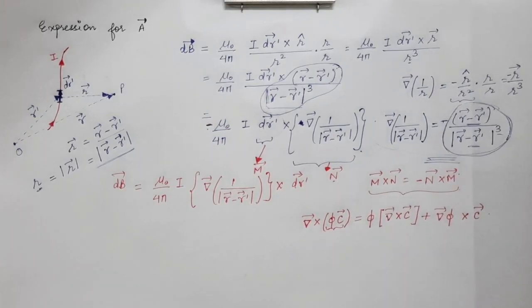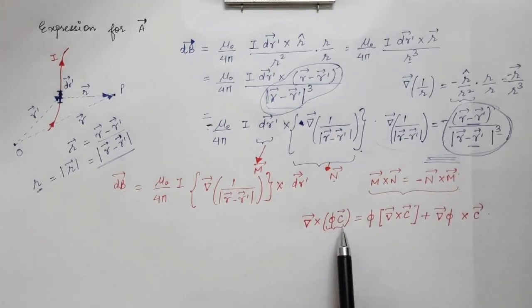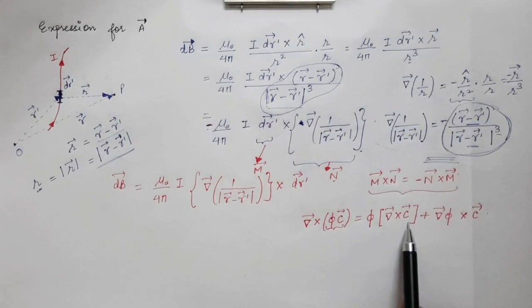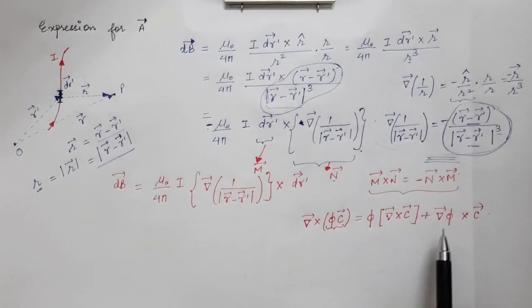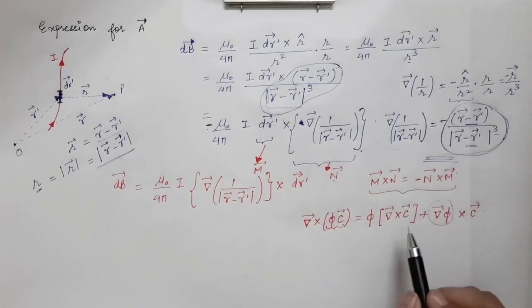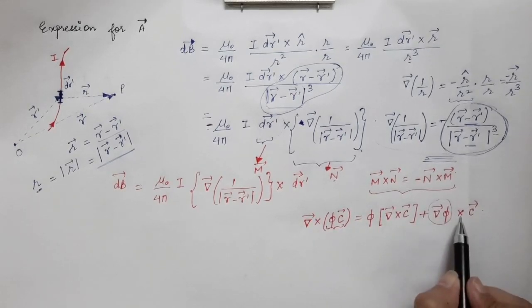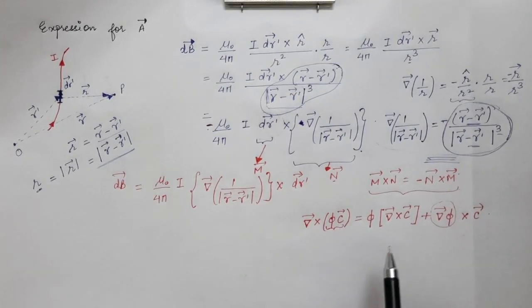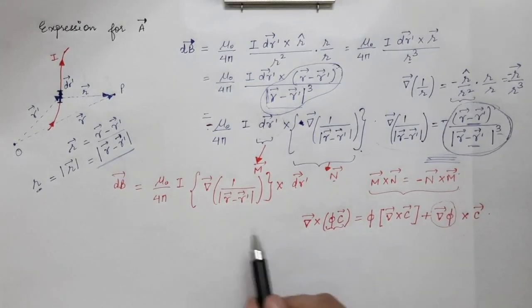So this identity you have to remember: the curl of a scalar function multiplied by a vector quantity is equal to the scalar function as it is, curl of the vector, plus the gradient of the scalar function. So this will come out to be a vector quantity, and you have to do its cross product with the vector c vector.